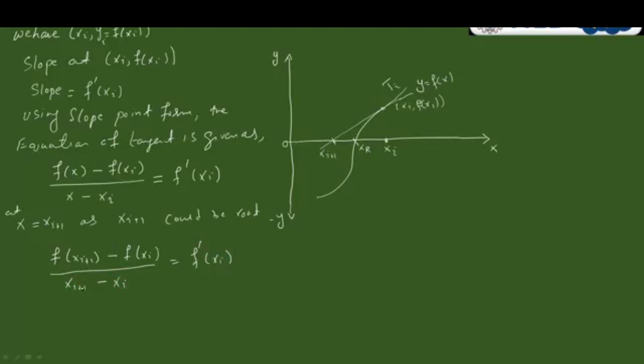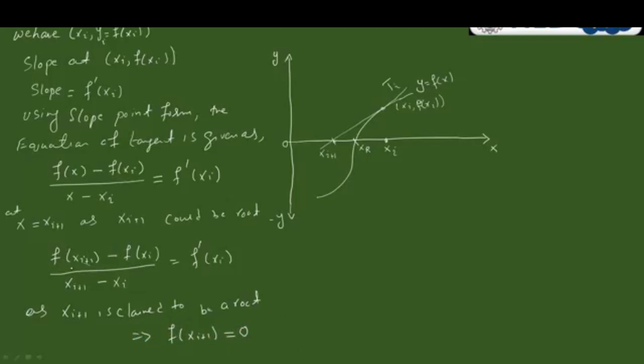Now, as we know, if we claim that xi plus 1 is a root, this implies f of xi plus 1 must be equal to 0.